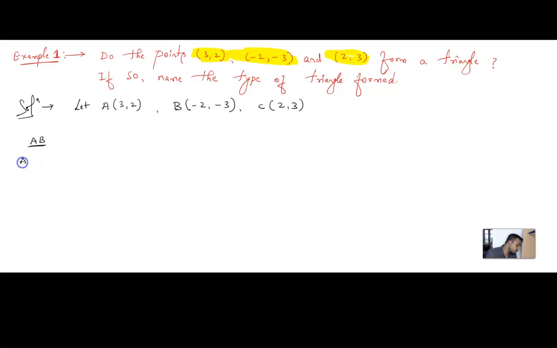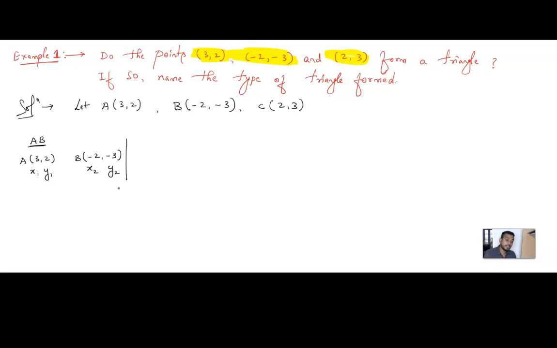What are the coordinates of A? That is (3, 2). What are the coordinates of B? That is (-2, -3). So let me say this is x1, this is y1, this is x2 and this is y2. This is my data. What is the value of x1? Plus 3. What is the value of y1? Plus 2.